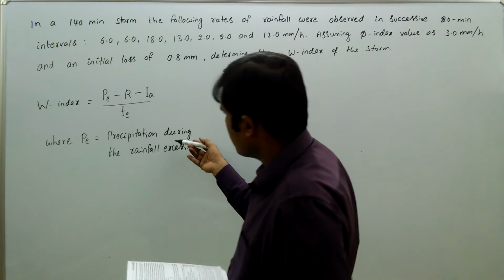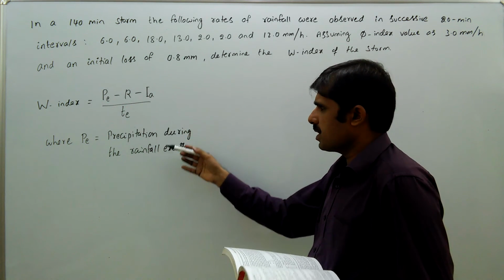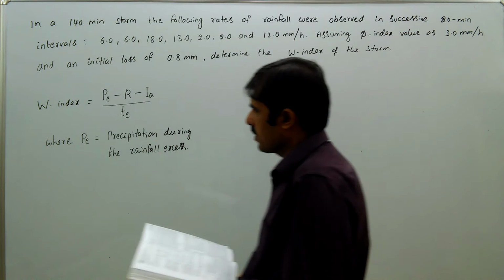Rainfall excess means that which is above W index. Whatever precipitation is there, that only we should take.